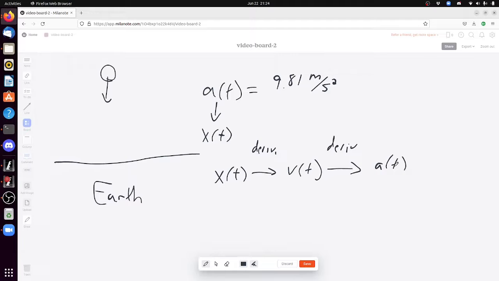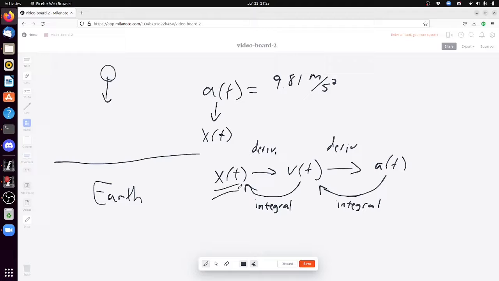But in terms of the physics, we're actually given the acceleration function and we want to go backwards. So we want to take the integral to get to the velocity from the acceleration, and then we take the integral again to get to the displacement, or the distance. Actually, it's more accurate to say displacement.